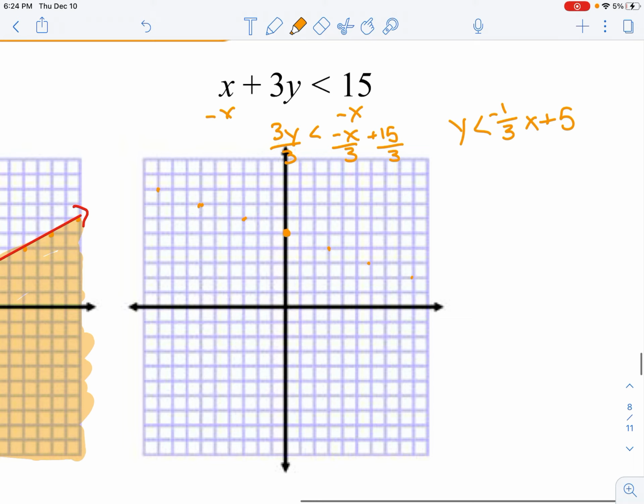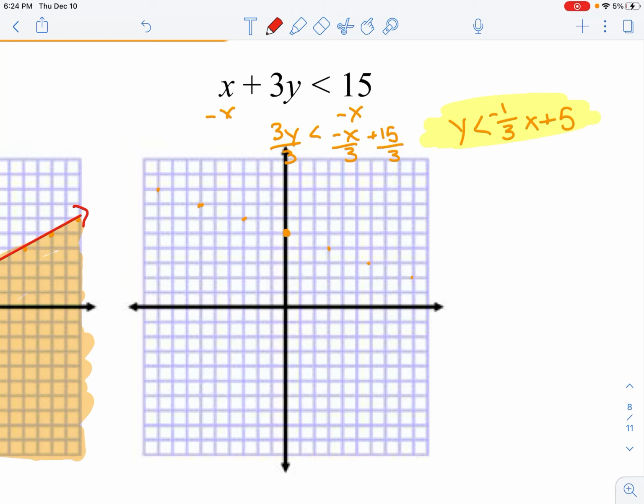Next one. Got my line drawn already. Oh, by the way, I guess I have a lot of work up here that I should explain. I changed this one into a different form. It was in standard form, but I changed it into slope-intercept form.